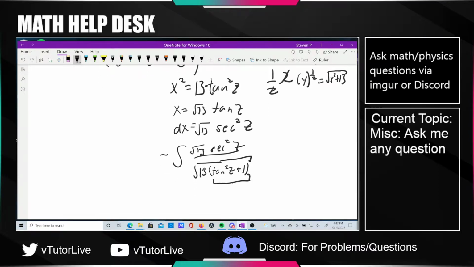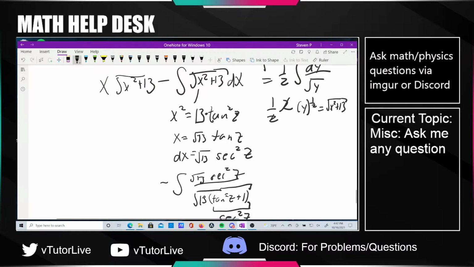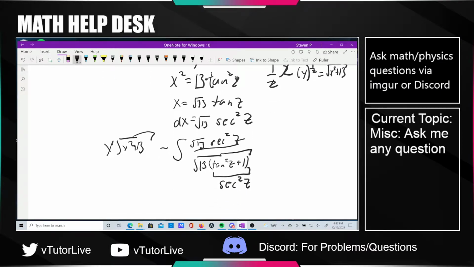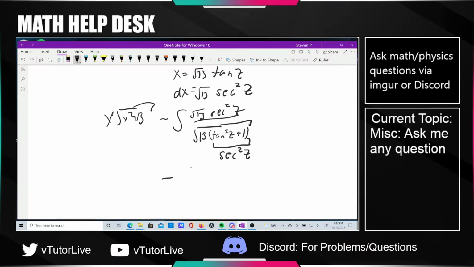And this is just secant squared of z. So I'll write this over here, x squared plus 13. So this is secant squared. So let's just simplify this a little bit. The rad 13s cancel out, I believe. And I believe this secant squared just turns into a secant because of the square root. So we get some cancellation that looks like this, dz.